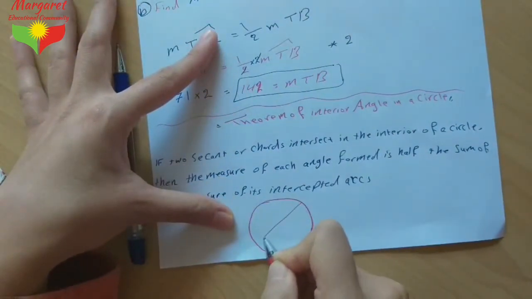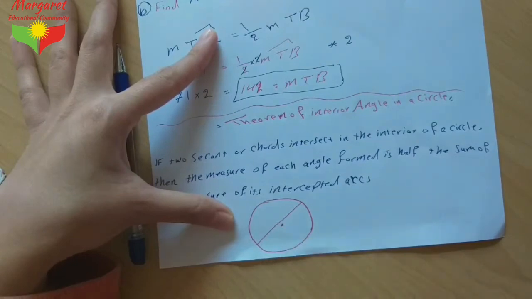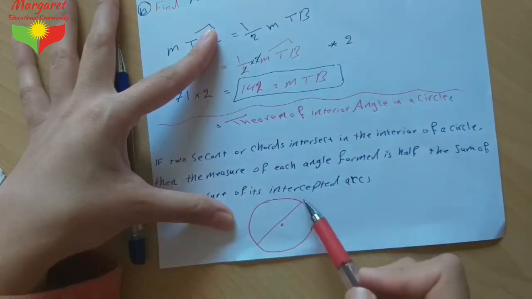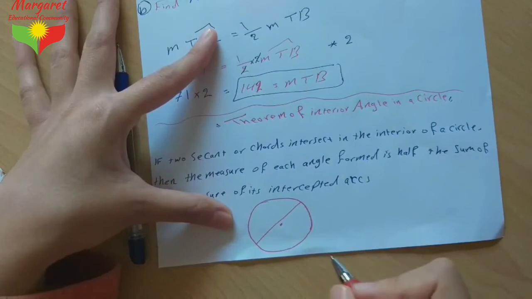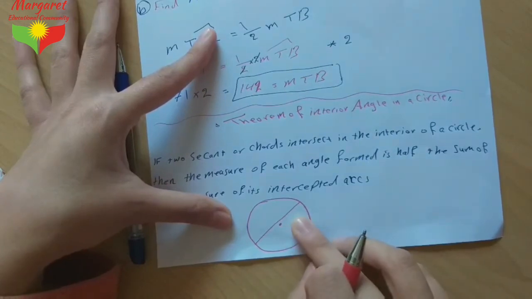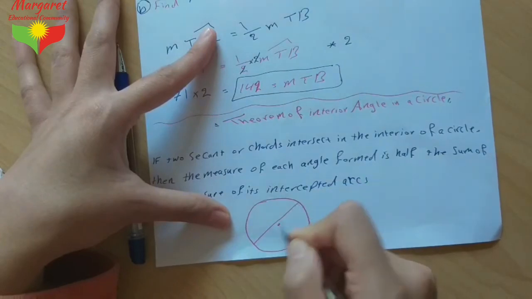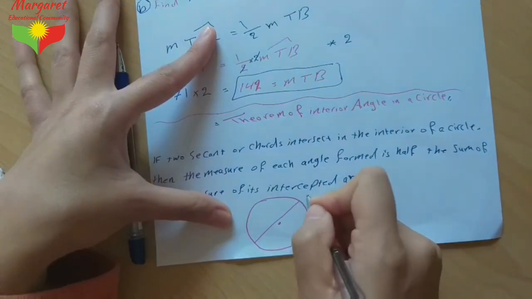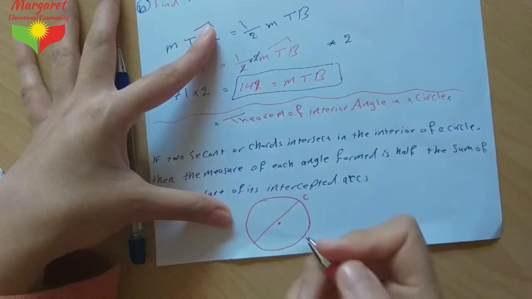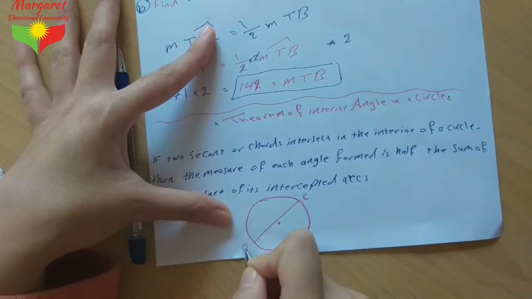This line is called a chord or secant. This chord or secant intersects the circle, for example, at the points C and B. Okay?